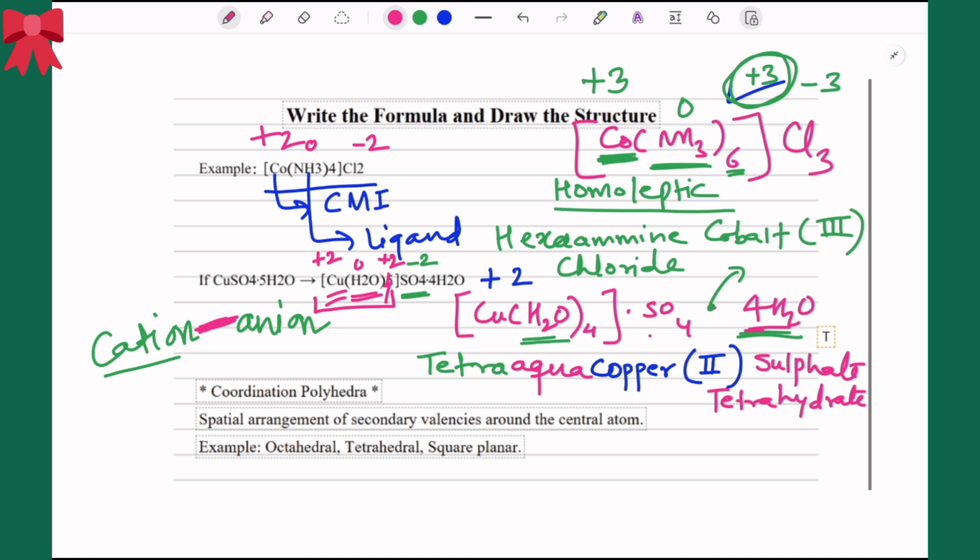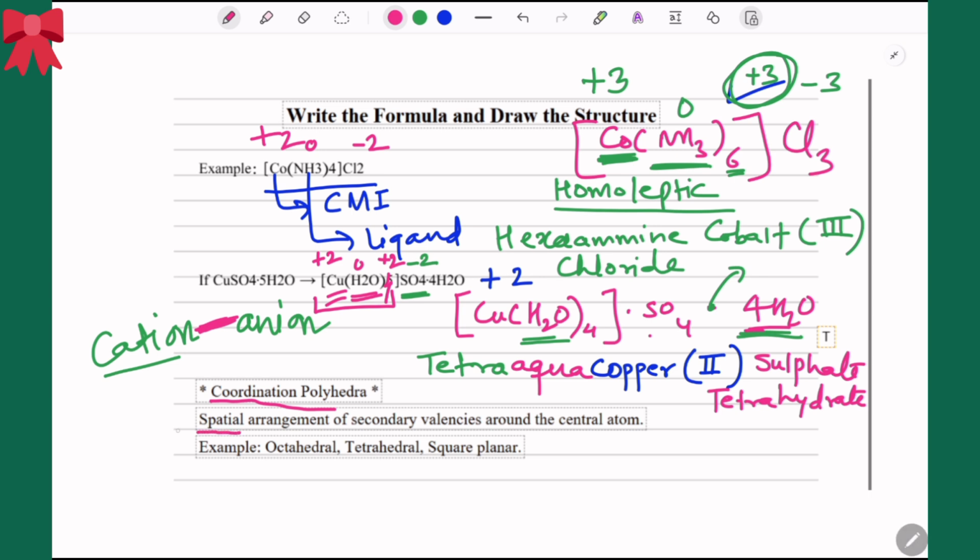Now in this chapter, coordination chemistry, you'll also come across certain terms which they can ask you to write in the exam. So there is one term like coordination polyhedra. So what is the meaning of this coordination polyhedra? It's basically the shape, the geometry which the coordination compound assumes after that compound is formed, okay? So how do we write it?